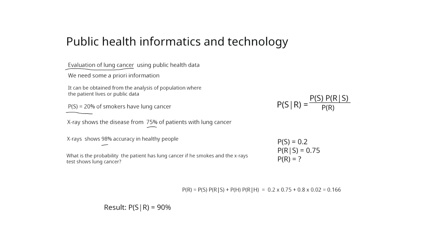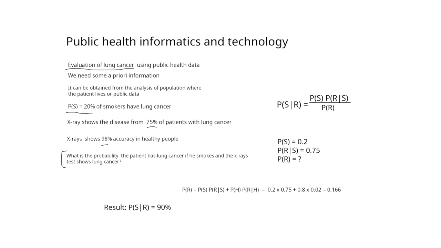Now, what is the probability that the patient has lung cancer if he smokes, comes in, says that he is a smoker, and the X-ray test shows lung cancer? This is a question for a doctor. How can we estimate it? Because if the probability is high, probably the healthcare provider will order more tests and more exams and so forth.